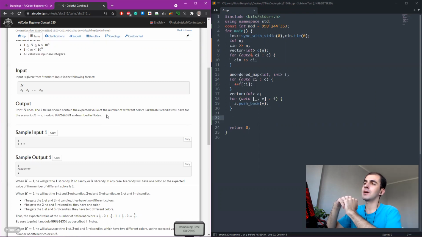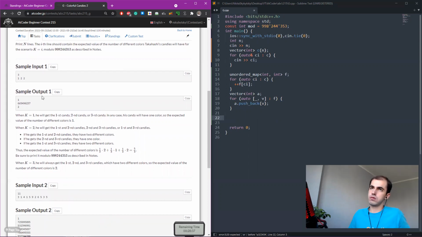For every other scenario, what is the expected number of different colors?